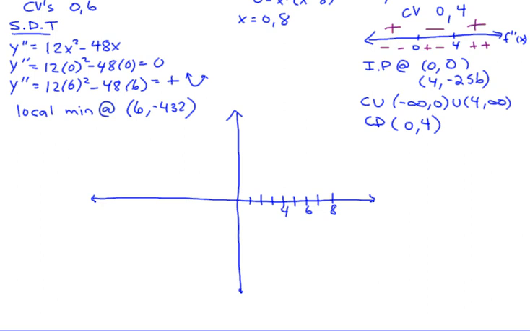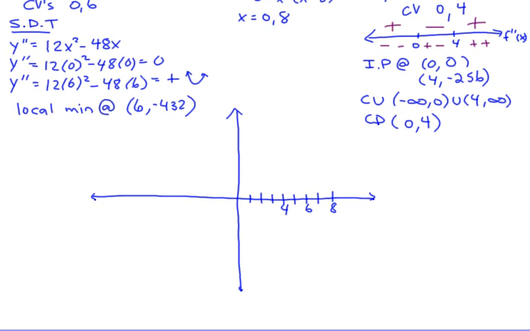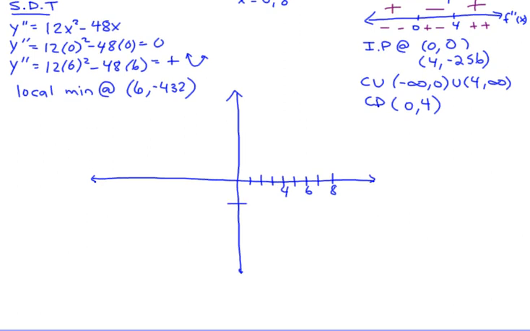Okay. What y values were important? 0. Negative 432. So we'll make this negative 432, as well as approximately negative 256.